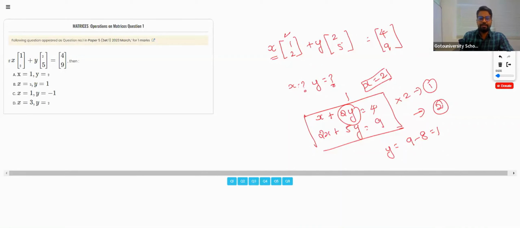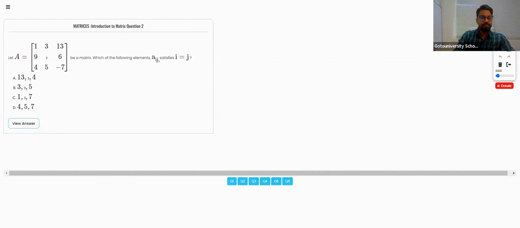So what is the value of x? x is equal to 2. And what is the value of y? y is equal to 1. This is how we solve it, and the answer is option B, x is equal to 2 and y is equal to 1. There is a matrix here. And how do we represent a matrix? As it is rectangular, before going to this question, let me explain the representation of a matrix.